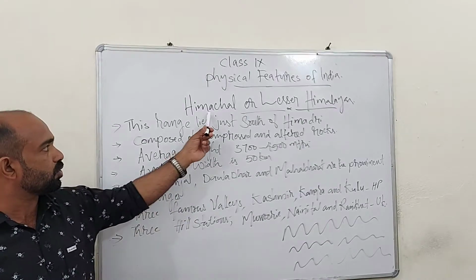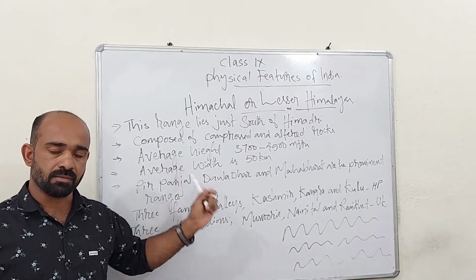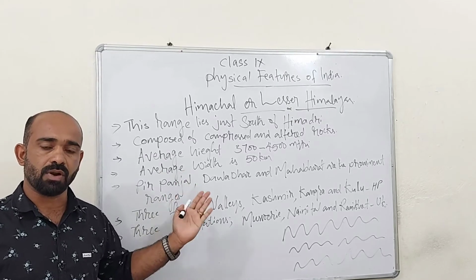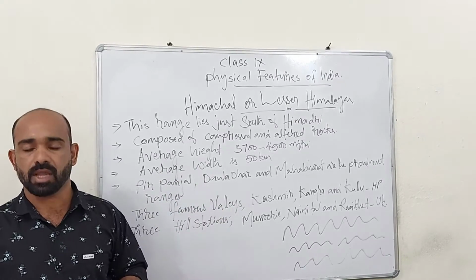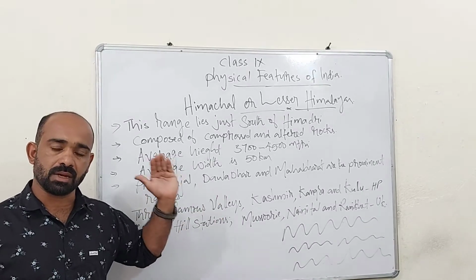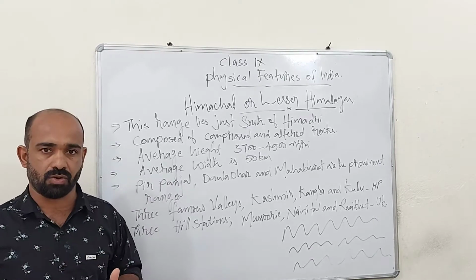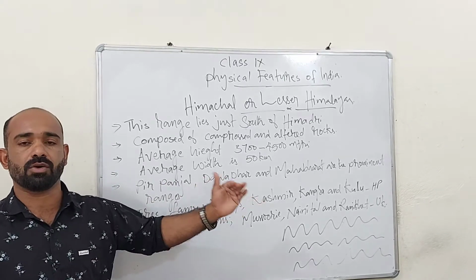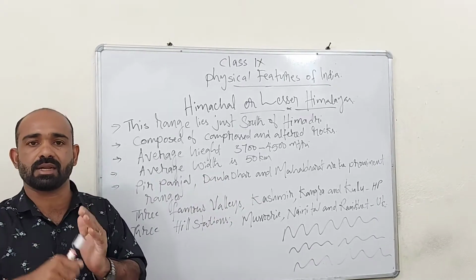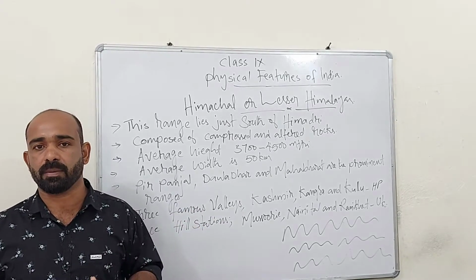So once again, let us go through Himachal or Lesser Himalaya. This is the mountain range of Himalaya that lies just south of Himadri. This mountain range is composed of highly compressed and altered rock. The average height of the mountain peaks found in this mountain range is between 3,700 and 4,500 meters.